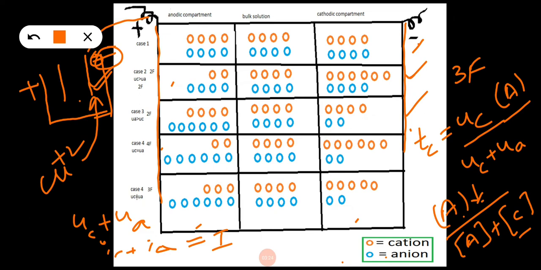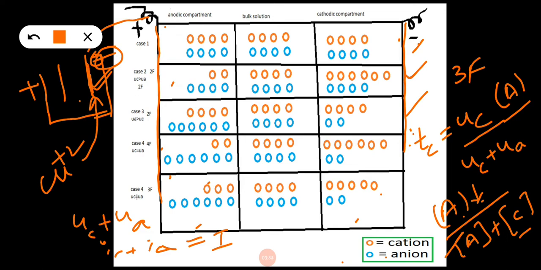So in order to determine the total current passed in the circuit, we have to determine the decrease in the concentration of the anodic plus cathodic compartments, or we can determine the amount of cation deposited here, the amount of anion deposited here, or the amount of copper deposited on the copper voltmeter.